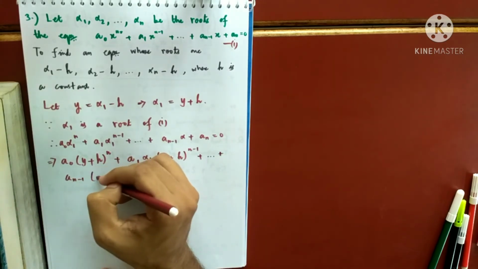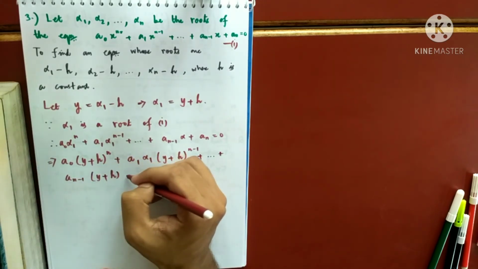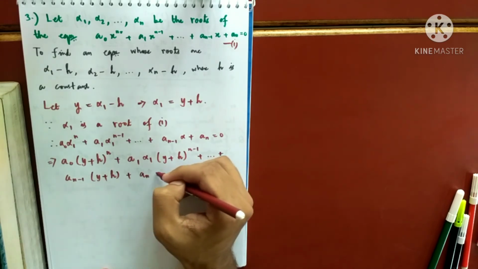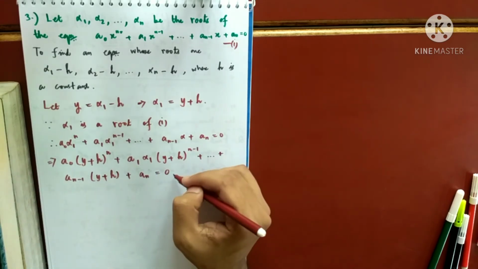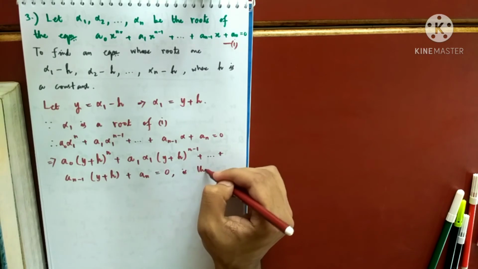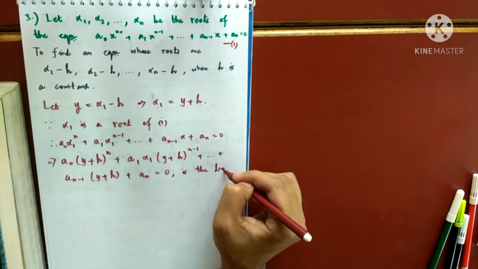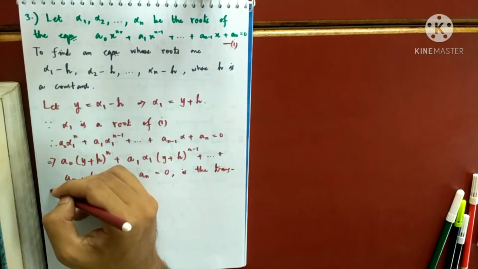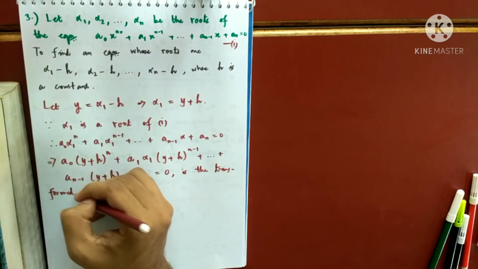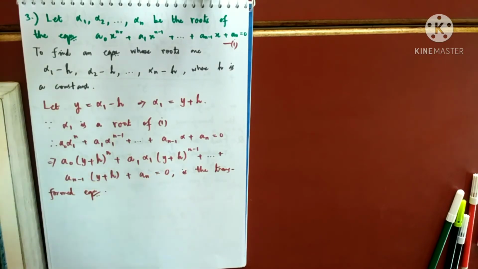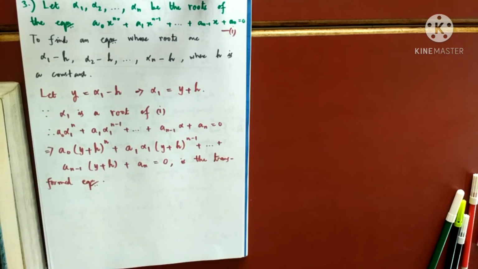an minus 1 (y plus h) plus an equals 0. This is the transformed equation.